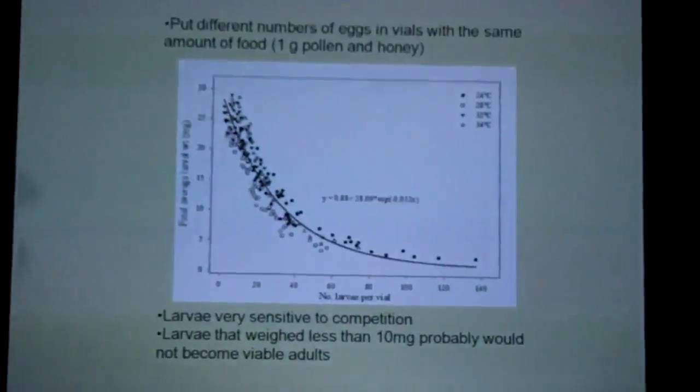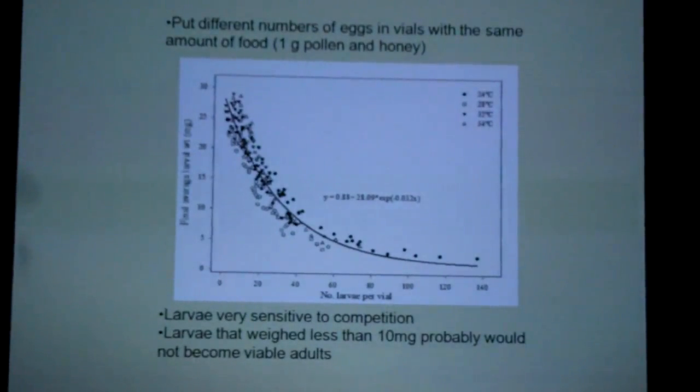And of course we kept the same amount of diet in each vial. So this is just increasing competition. And what it shows is that the beetles are very sensitive to competition. They're sensitive to competition, but if they don't have enough food, they just turn out to be small. So they can eat a lot, but if they don't get as much as they want, they can make do with a very small amount of food, and then they turn into little tiny dwarf beetles. So we're getting very small adults.